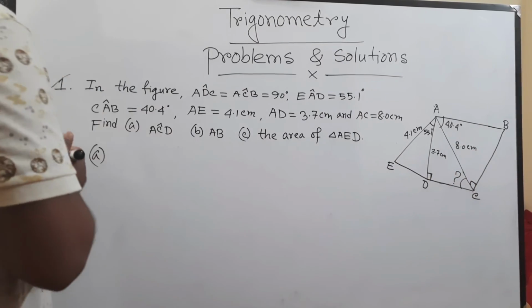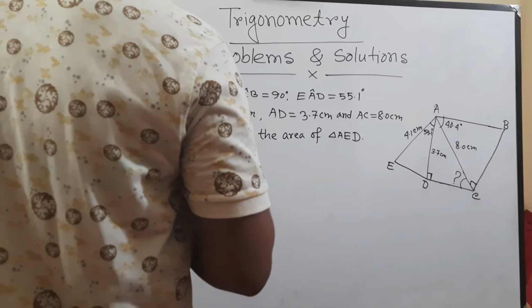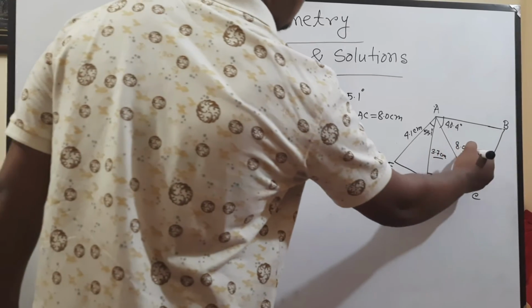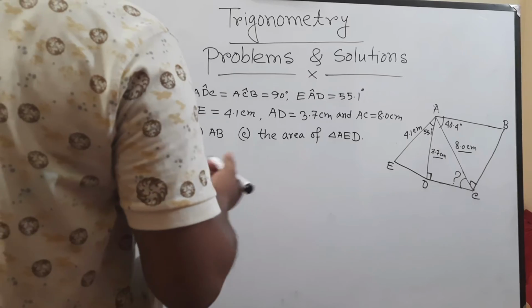So we already know some relations for this right angle triangle. So here two pieces of information are given, one is opposite, another is hypotenuse. So we know that the relation between opposite and hypotenuse is sine.